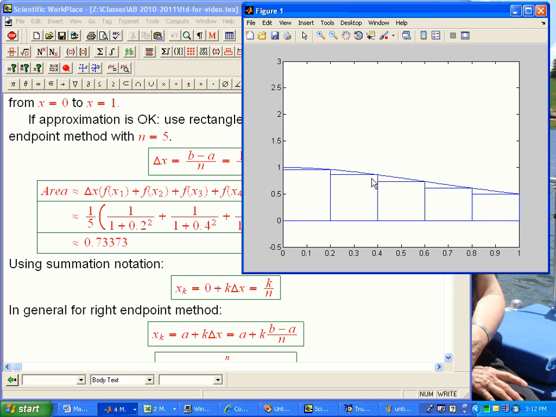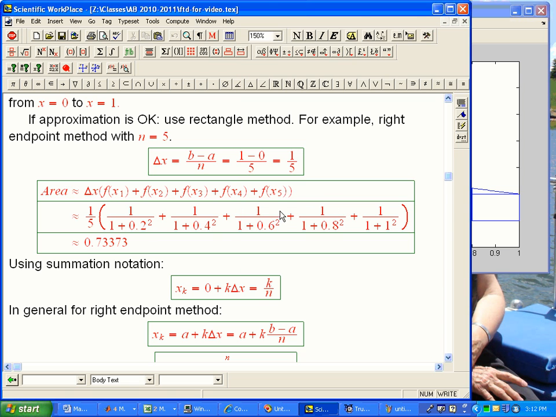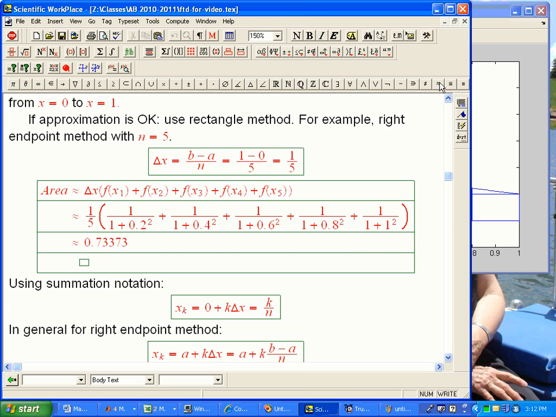And the area of this rectangle is roughly how far the particle went in this 0.2 seconds, and so on. And so this calculation, 0.733, which seemed to have only one meaning as the approximate area under the curve, is also approximately equal to the displacement.